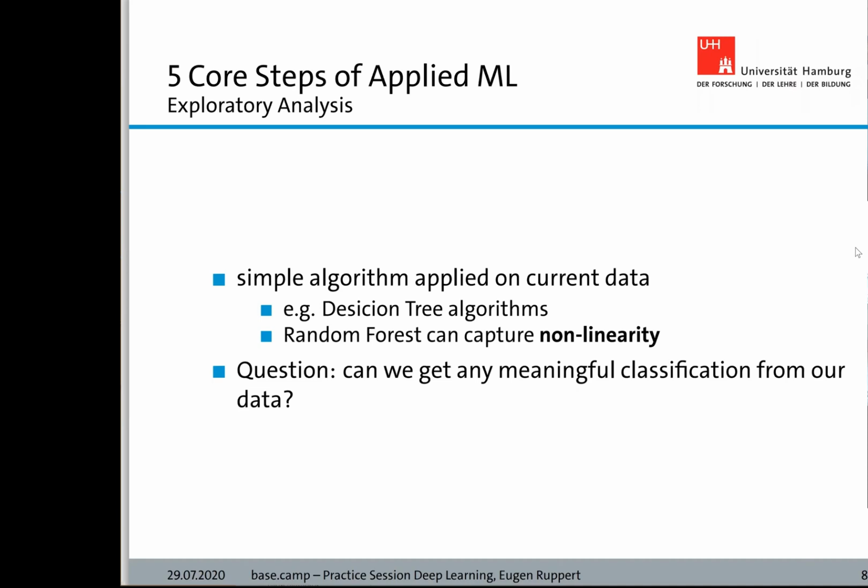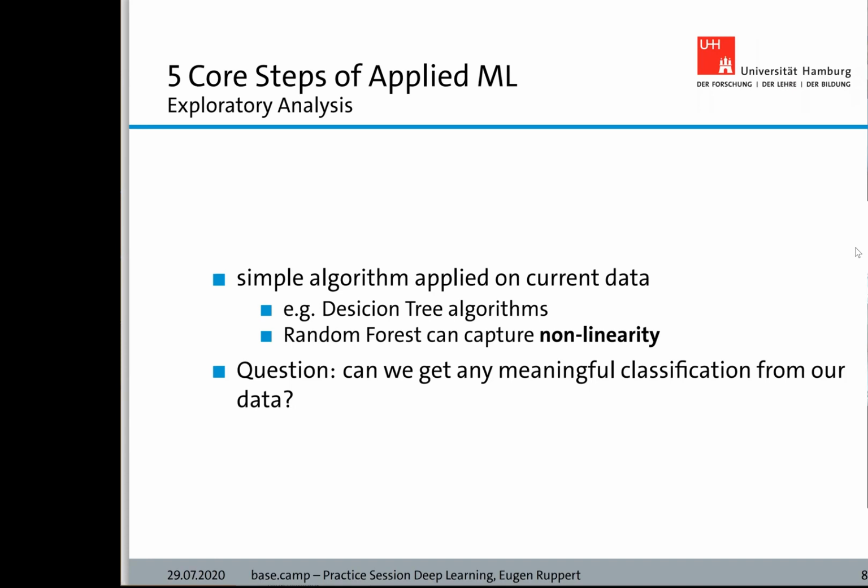But if you want to go a little bit more advanced, you can use a random forest, because this classifier can capture non-linearity. How this works, I'll show you a little bit later, but this is a very important feature of a classifier. The main question that we want to tackle with this analysis is, can we get at all any meaningful classification from the data that we have?